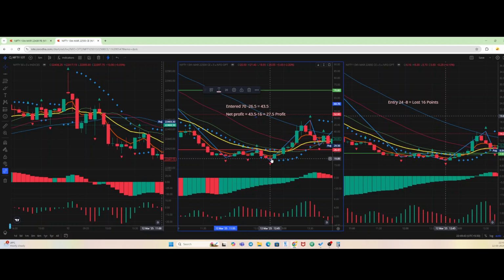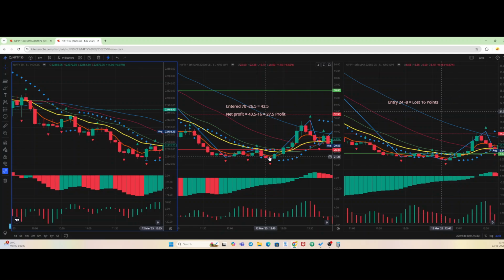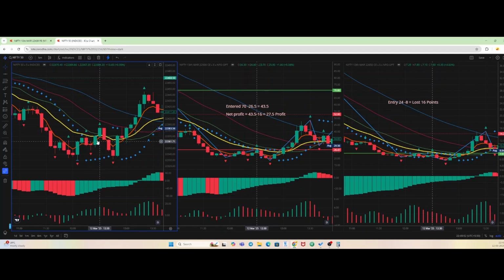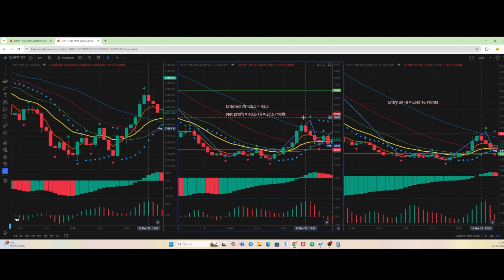That time the spot was, you can see here, this is the time, 12:30. At 12:30 spot was near about 22,385. So here on the P side we are changing, now we are changing the strike. Now we already booked 27.5 points on the C side. Then now we are changing into the P strike.